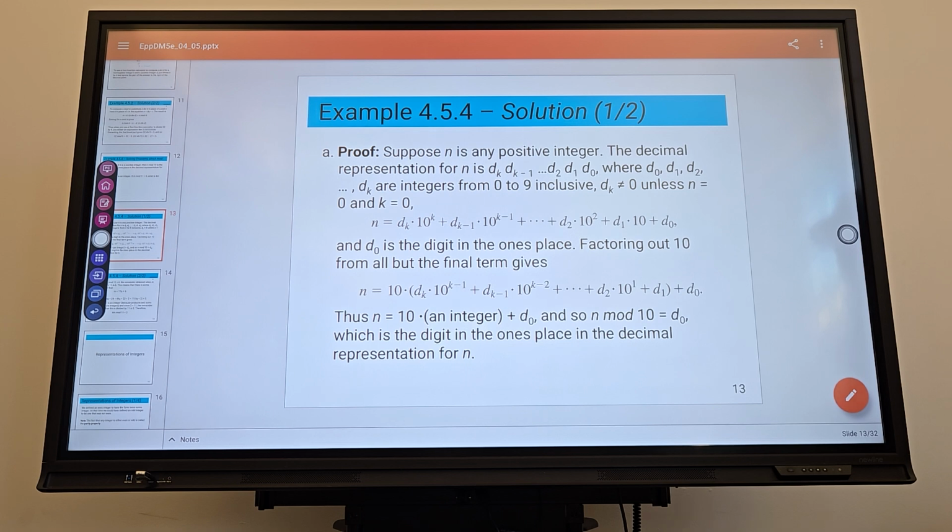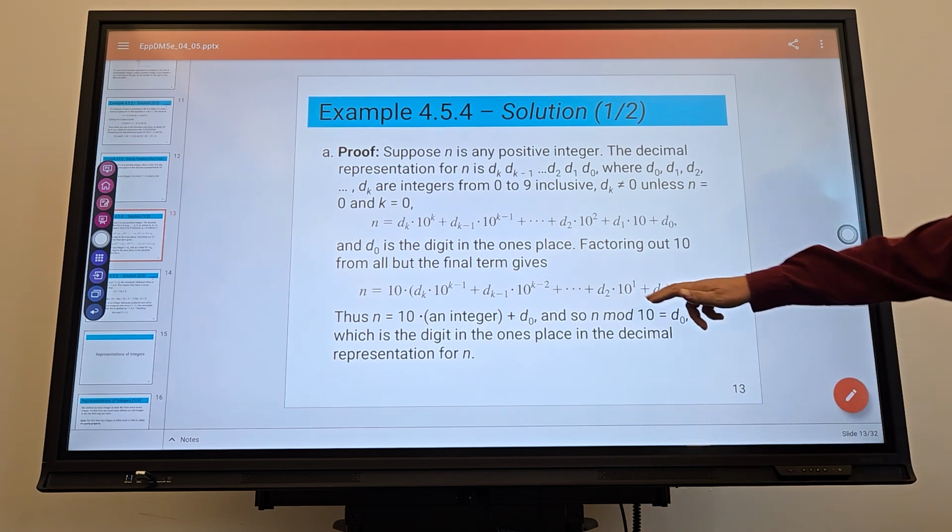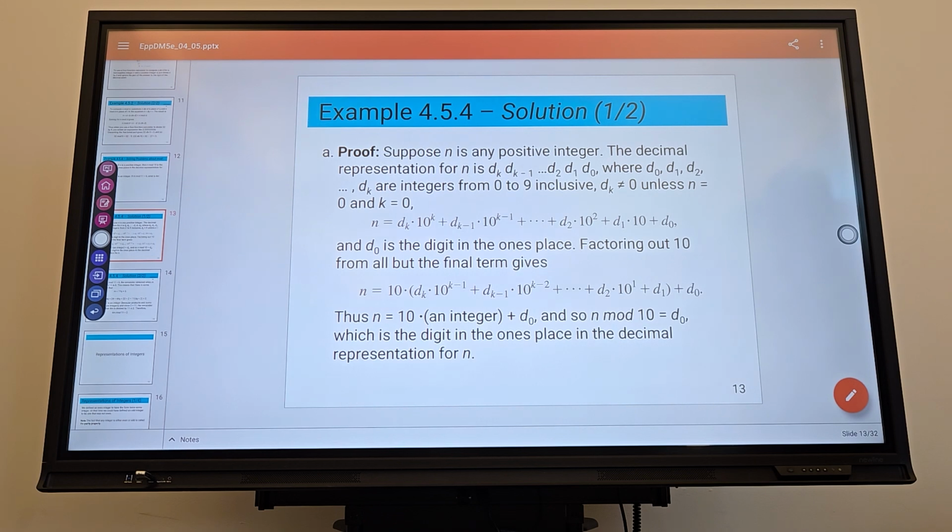Factoring out the 10 from all but the final term gives this. Thus, n equals 10 times some integer, because all those are integers, plus d0, so n mod 10 equals d0, which is the digit in the ones place in the decimal representation for n.